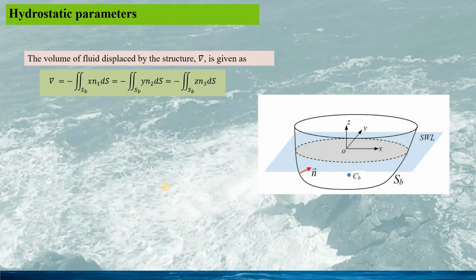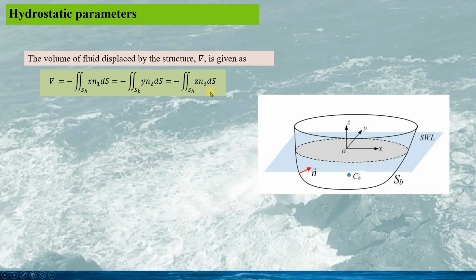For formulating the hydrodynamic and hydrostatic forces for the structure motion, here the parameters for the hydrostatic are given for reference. The first parameter is the volume of the fluid displaced by the structure. Lambda is given as this.